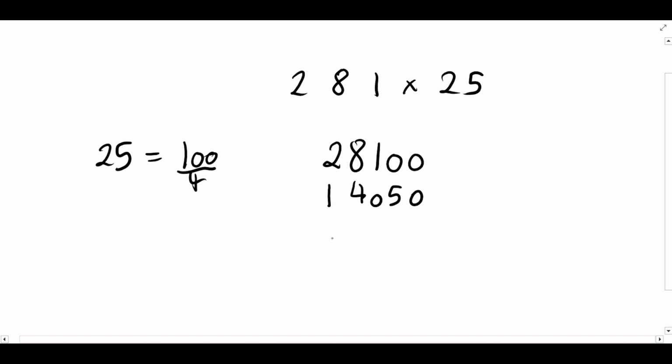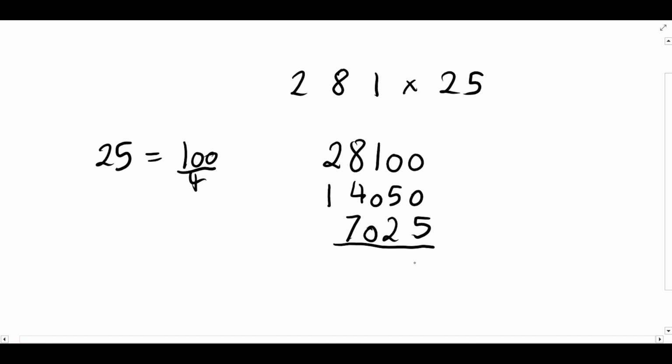Now again, 1 by 2 not possible, so we add it to the next one. 14 by 2 is 7, 0 by 2 is 0, 5 by 2 will give 2, remainder 1, and 10 by 2 gives a 5. And this is the final answer.